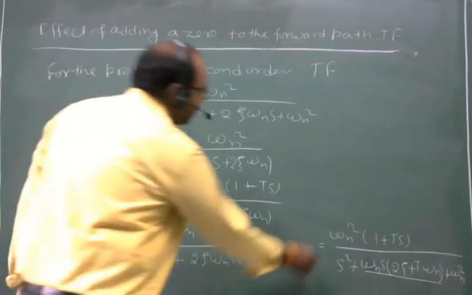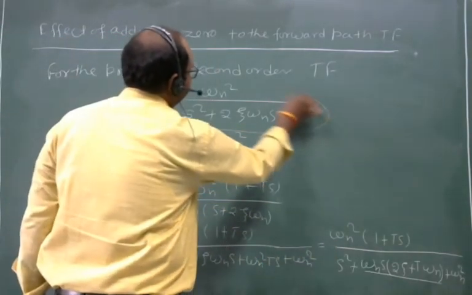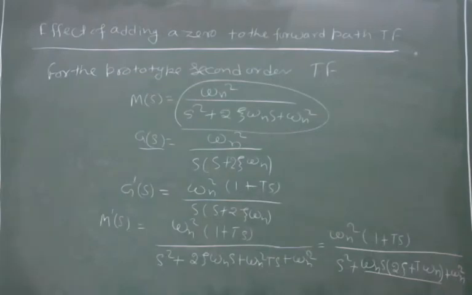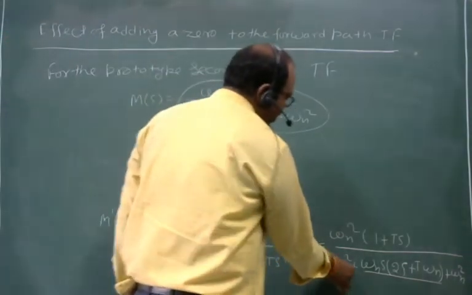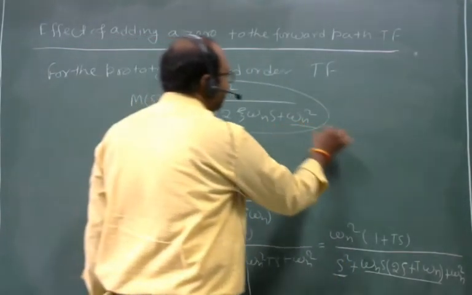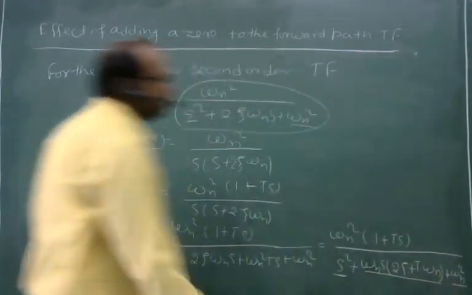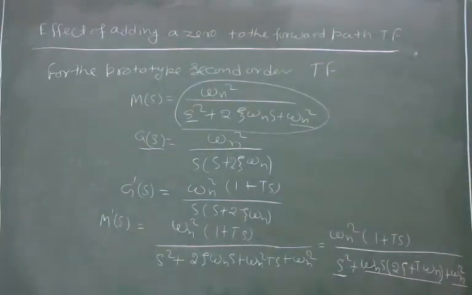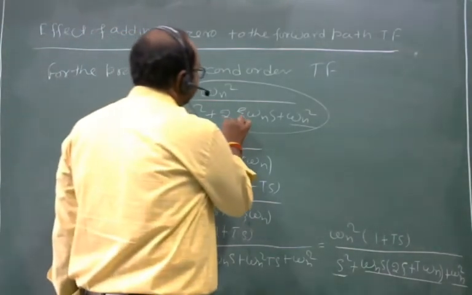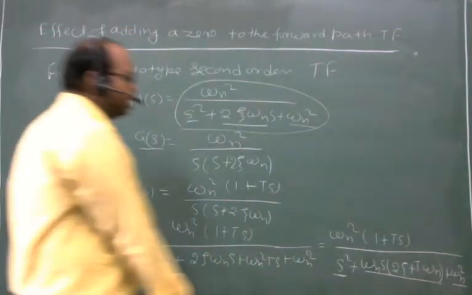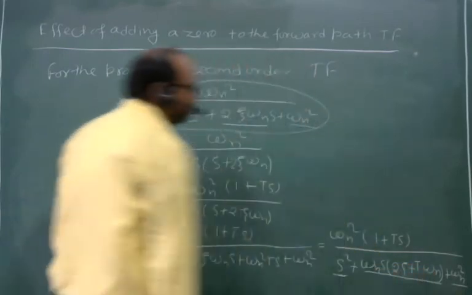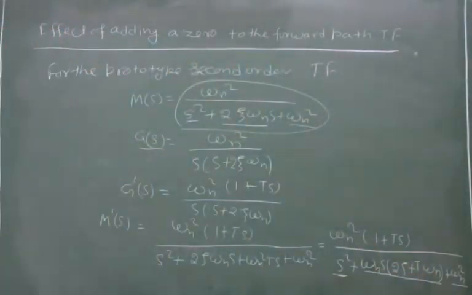And if I compare this with the standard form, what we see is that here s square, here s square, and here omega n square, here omega n square, these are the same. But what is changed? In the standard form we have 2 zeta omega n, and here we have (2 zeta plus T omega n) into omega n, or 2 zeta omega n plus T omega n square.